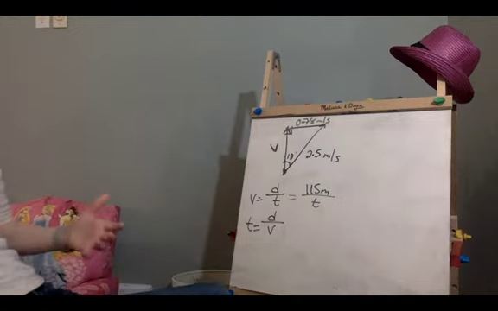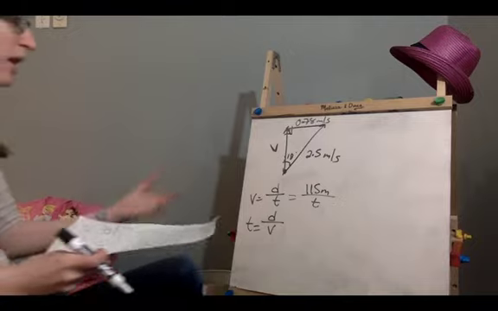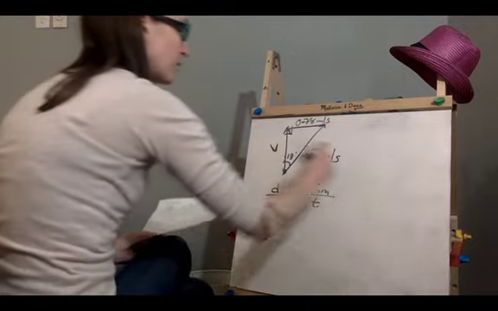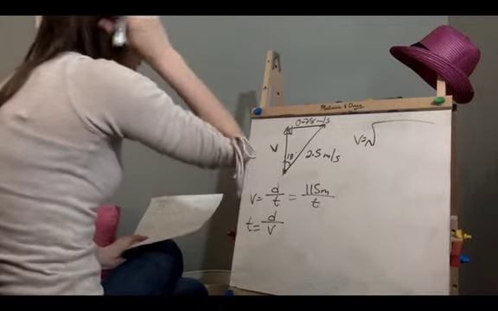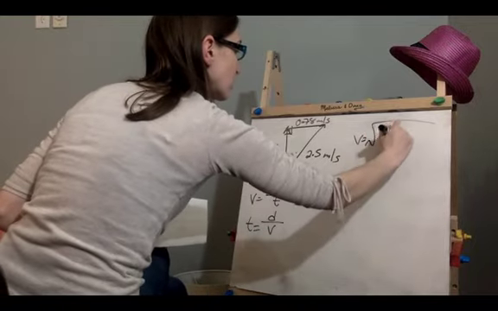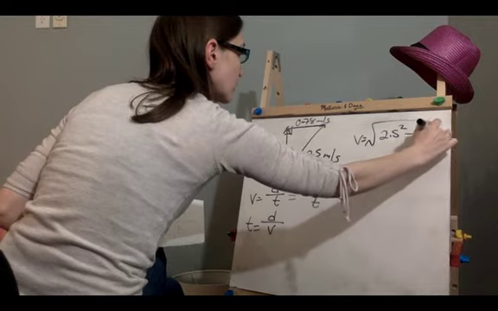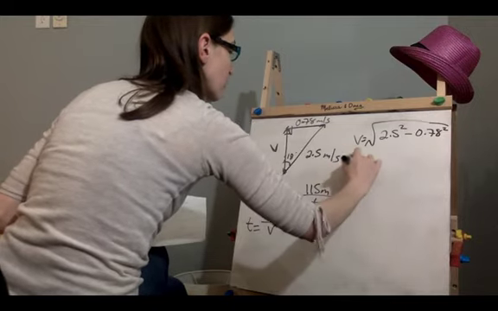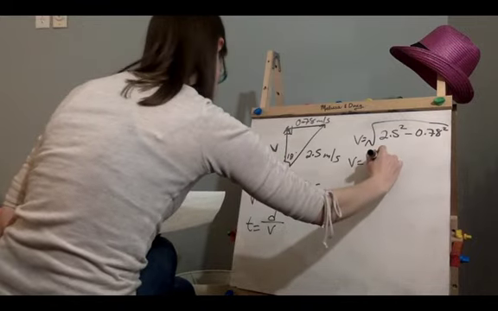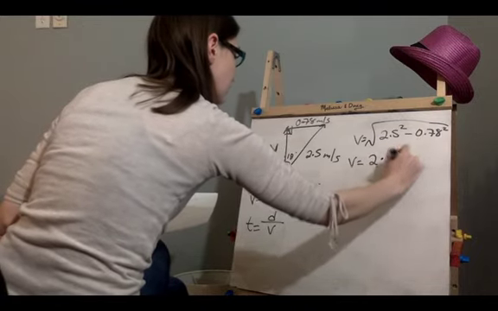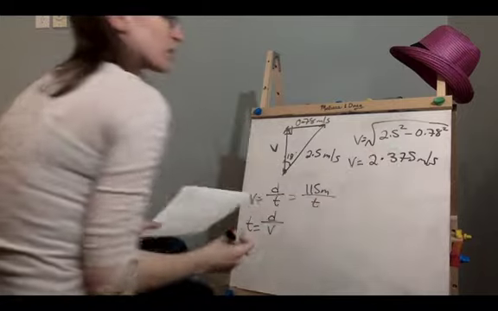I just used the Pythagorean theorem, because we knew that the 18 degrees was a rounded answer anyway. That value of v is found by taking 2.5 squared minus 0.78 squared, and then square rooting, and when you do that, you get a velocity of 2.375 meters per second.